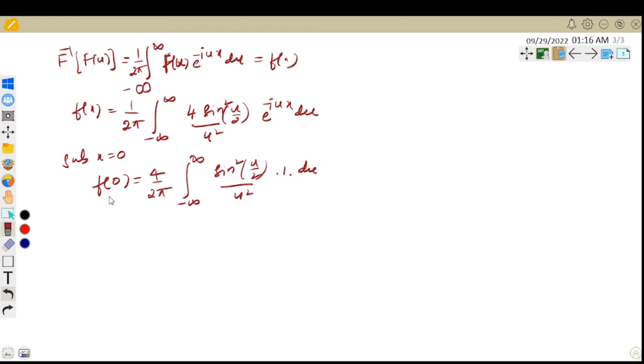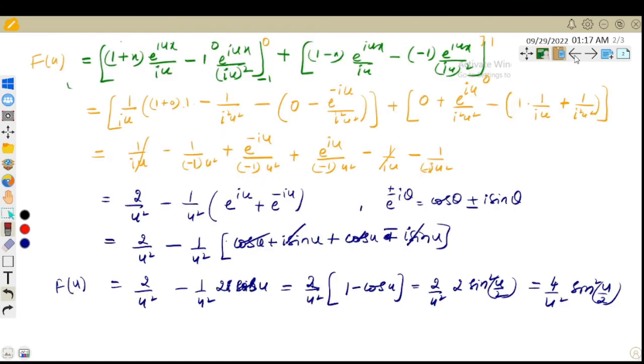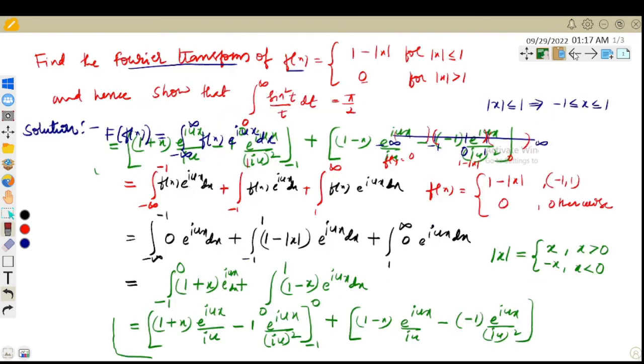So f of 0 value is, just go back and observe. If I substitute x equal to 0, x equal to 0 lies in the first one. Its value is 1 minus modulus of x. Again, x equal to 0, you will get just 1 only.